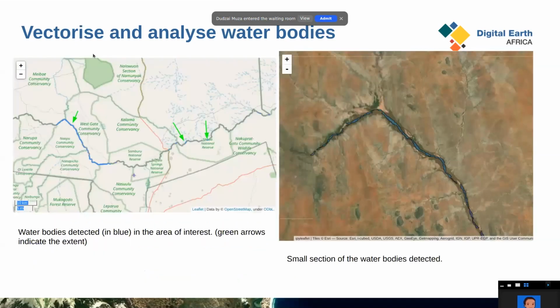As you can see, in the results of the classification for that area of interest, I hope it's clear enough, this dark blue area, including sparse, not connected water bodies, as you can see here at the edge of the image, were detected for the area of interest. A zoomed in look is for this section of the water bodies, which could be a river spanning this entire area along the boundary.